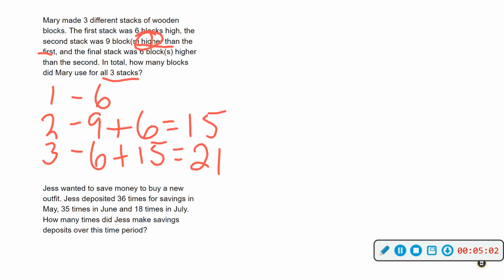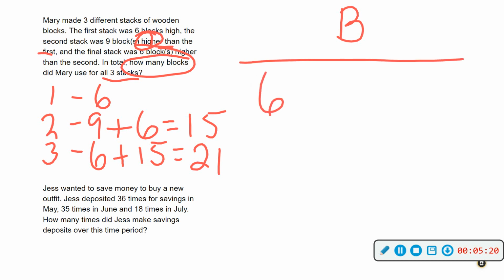So now that I have all of those stacks together, I need to find out how many blocks she actually used. That means I need to find out what the total is because I do not have it, which means the amount of blocks I'm missing is my total. That will be separated from the amounts that I do have. I have 6, 15, and 21.